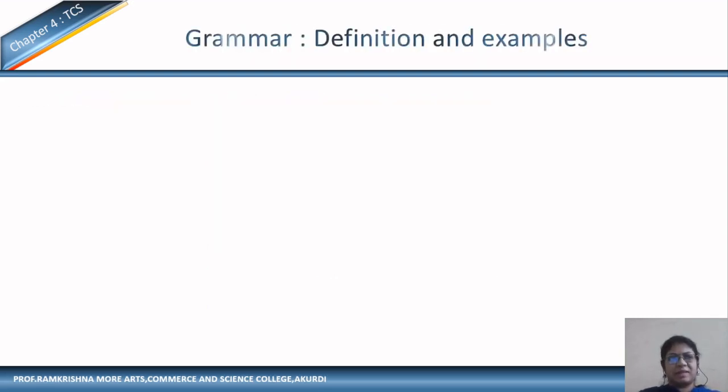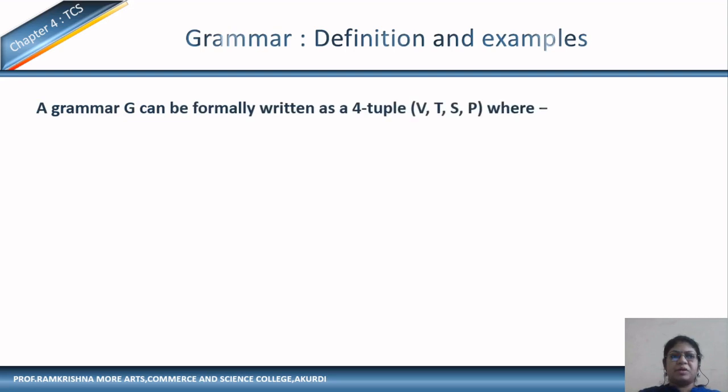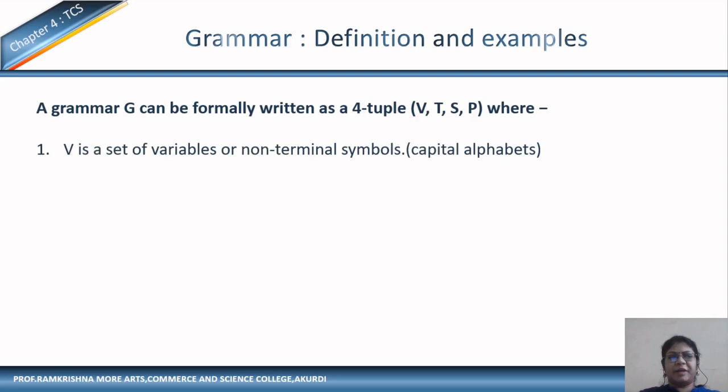So first we will see the definition of grammar. A grammar G can be formally written as a four-tuple (V, T, S and P), where V is a set of variables or non-terminal symbols. All the non-terminal symbols in a grammar are specified by capital alphabets, so every symbol in the set V is a capital letter.